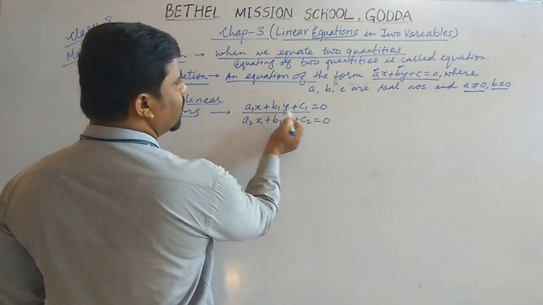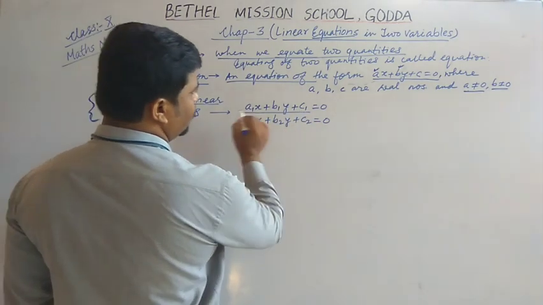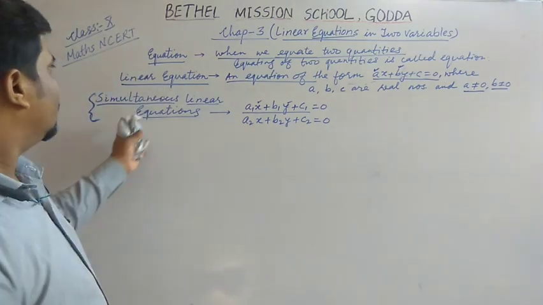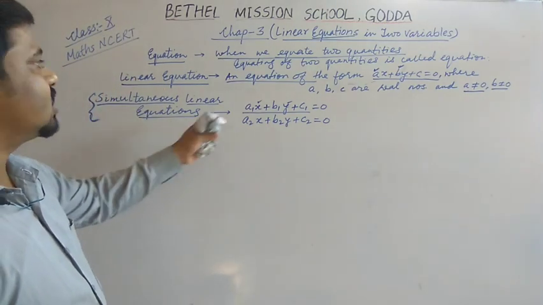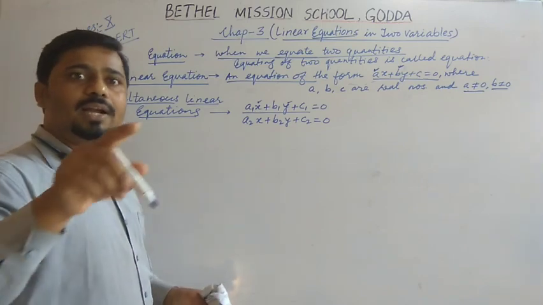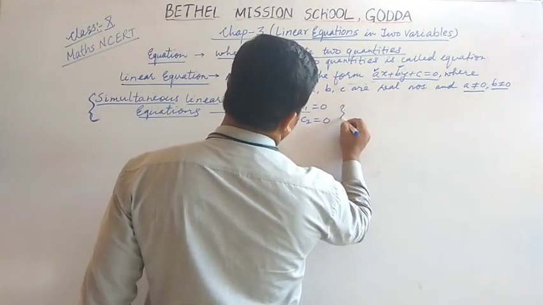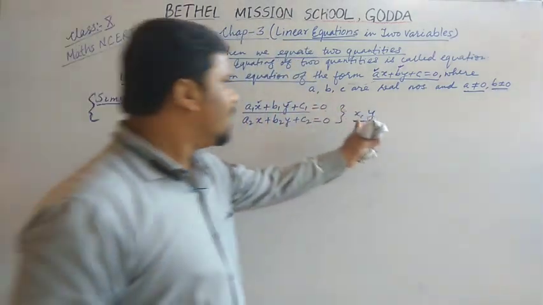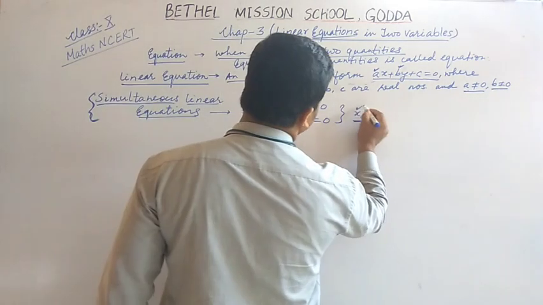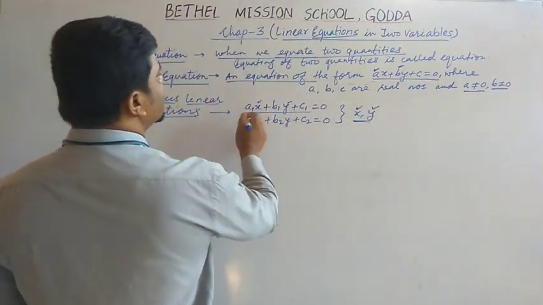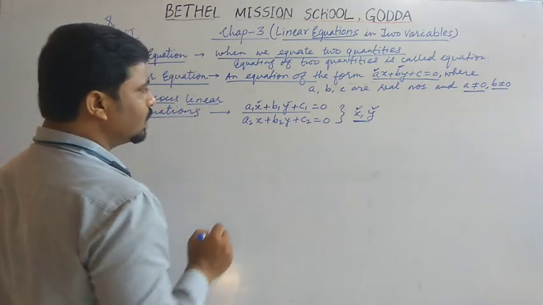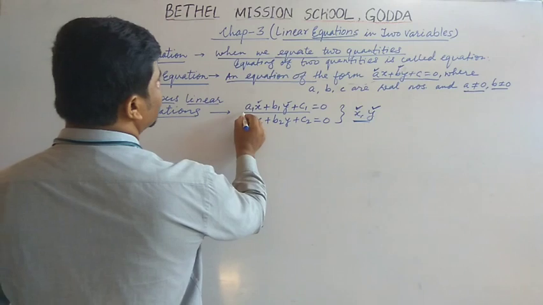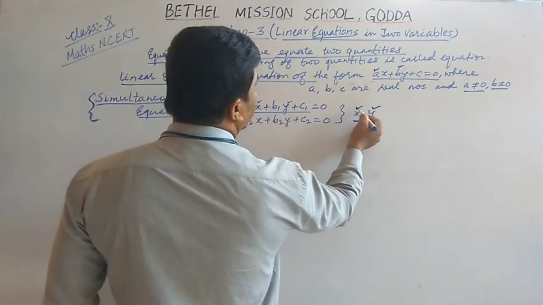And you know that a1, b1, c1 are real numbers. a2, b2 and c2 are real numbers. And the two variables are x and y. So this is simultaneous linear equations in two variables x and y. When the values of x and y satisfy these two equations, then we say that is the solution.